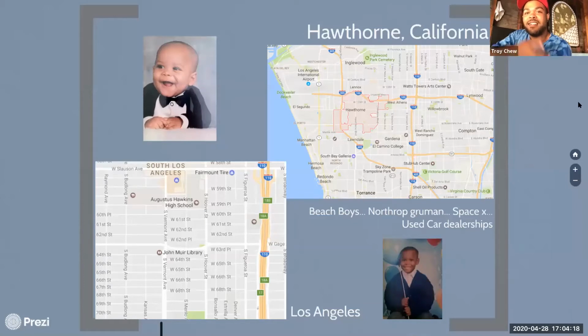That's me as a baby and also as a kid. But I also grew up on 62nd and Vermont with my grandma, and that was a much different area. Next slide, please.